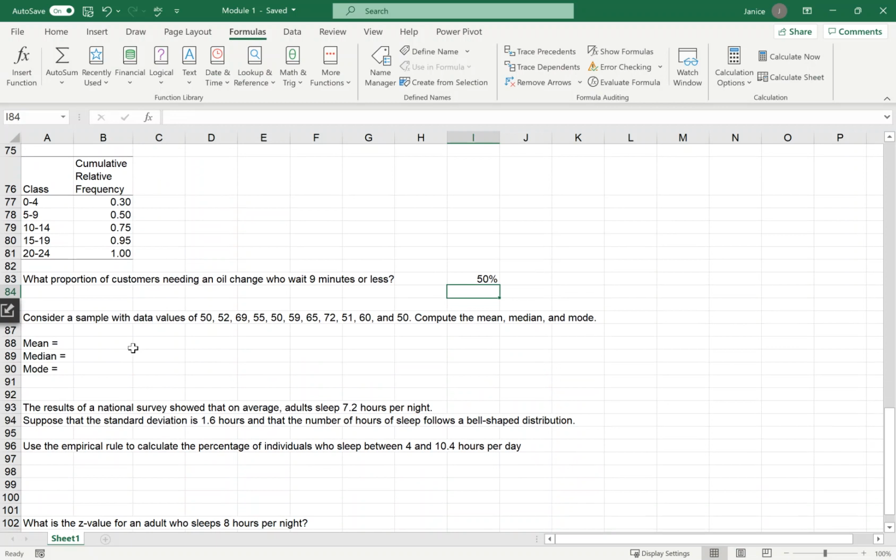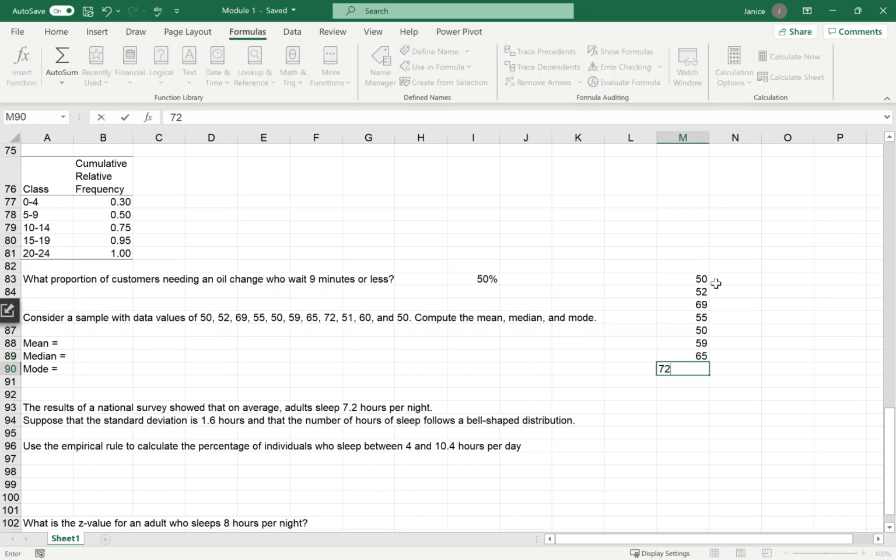Now we're asked to consider some central tendency numbers. So they want us to calculate the mean, the median, and the mode from this set of data. Well, first thing I want to do is get my data all in one cell so that I can easily do formulas. So first they want us to tell a mean.